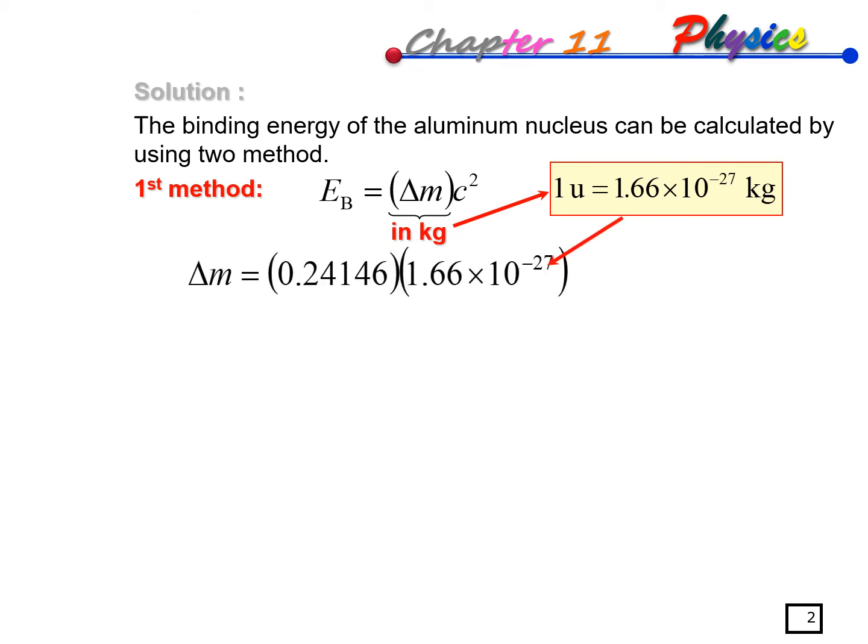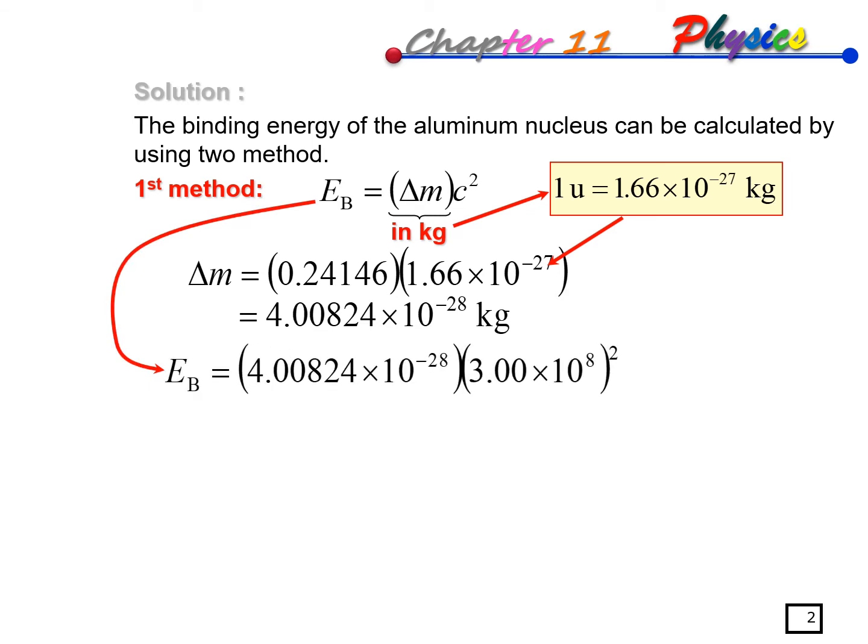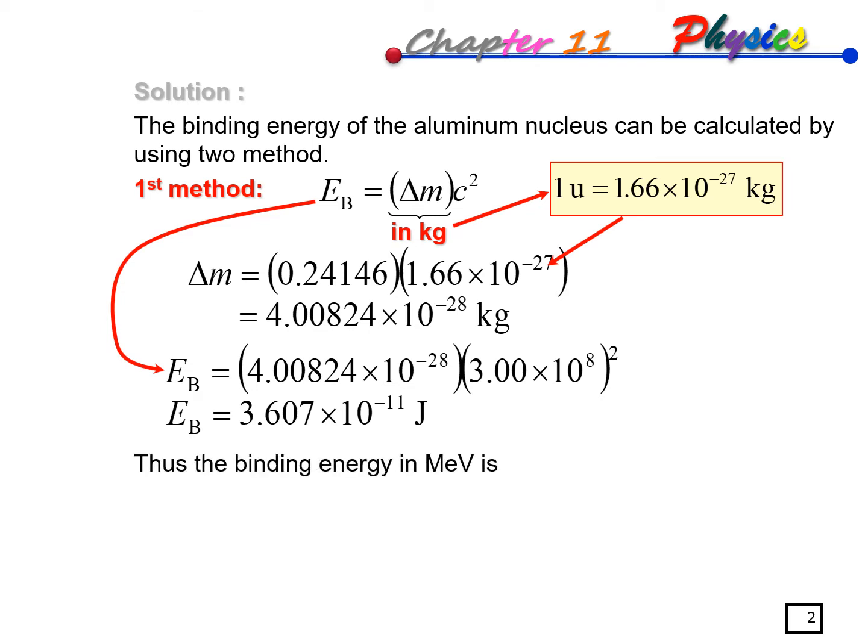Once we obtain the answer in kg, the binding energy is mc squared, which we will end up in joules.